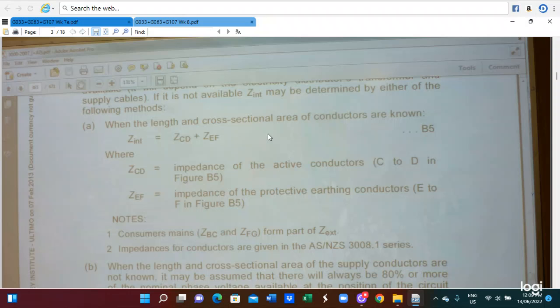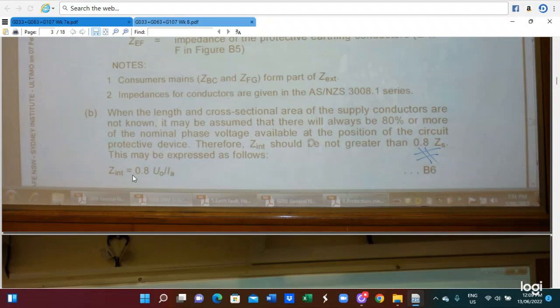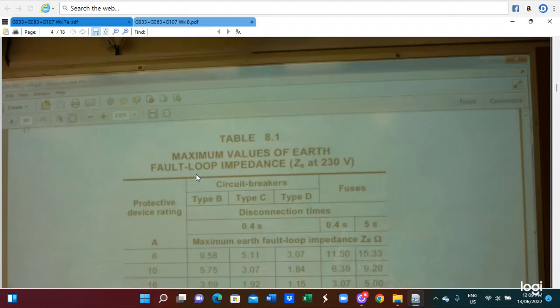If you know the length and the area, RCD and RE, the impedance of the active conductor, and this is the impedance of the protective earth conductor. So this is the external, and this is the internal active conductor resistance. And in this case, Z is 0.8 multiplied by U0 divided by the Ia. So this equation is how to calculate the impedance.